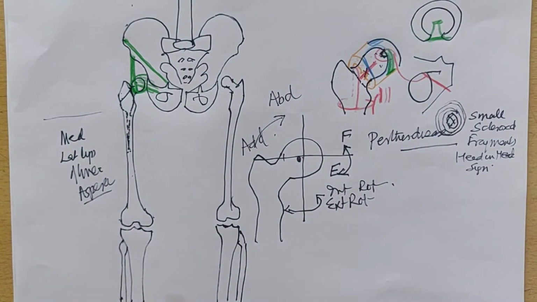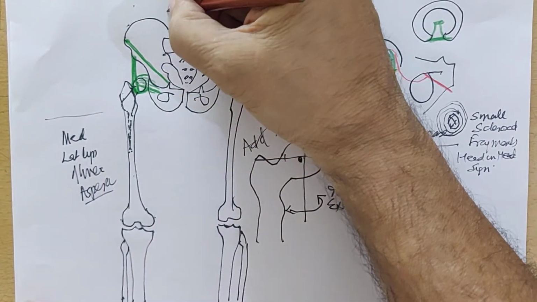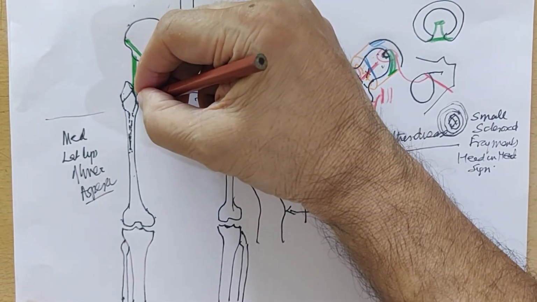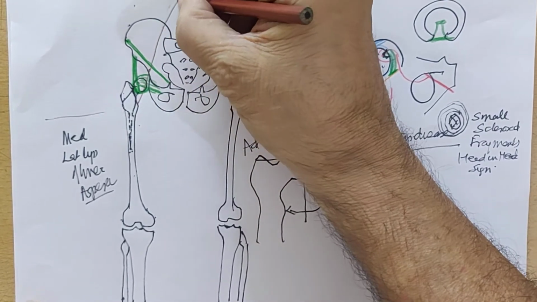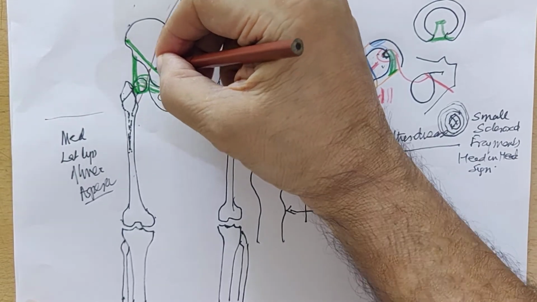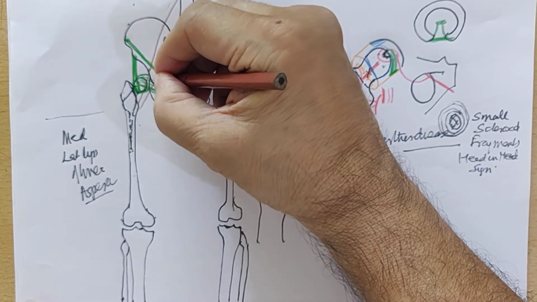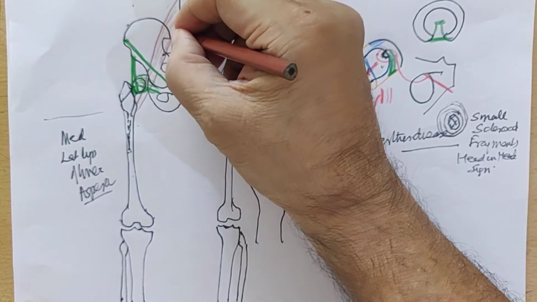So arising from the spine and attached to the lesser trochanter is the muscle which is the psoas major. It's passing under the inguinal ligament.